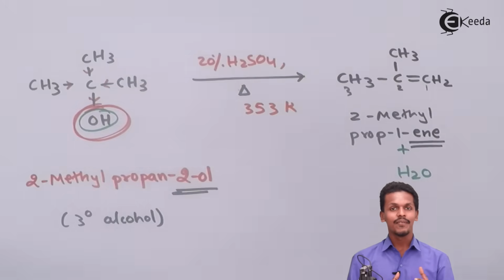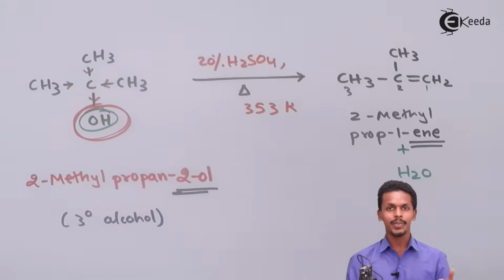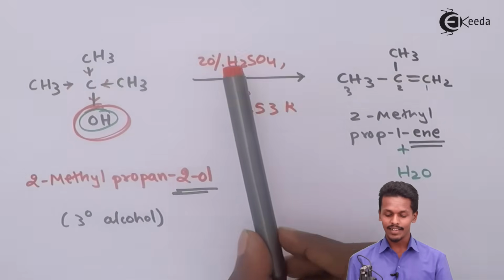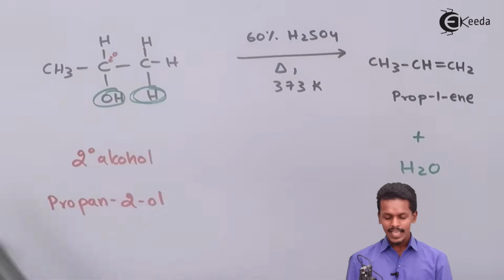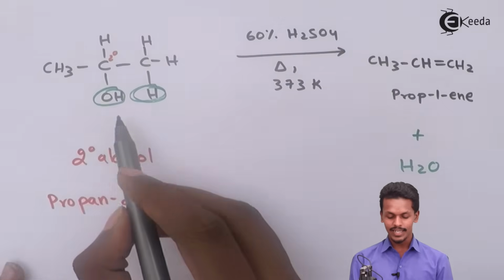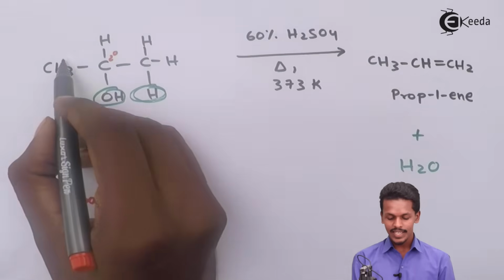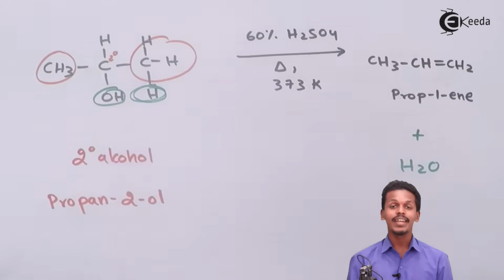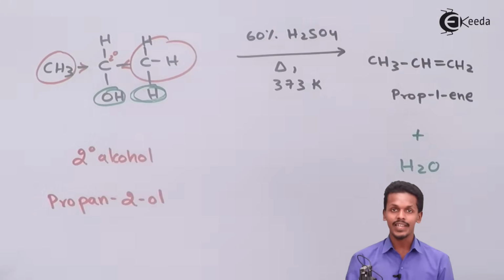So this is the process where the dehydration will take place very easily, and that's the reason high temperature is not required. Even at low temperature, that is at 353 K, compared to the primary one, it can be used, and with low concentration also the dehydration can happen. Talking about the secondary one, as you could see over here, this OH has been attached to the secondary carbon atom, making this CH3 and this CH3 have a plus inductive effect on this carbon atom, and that's the reason OH will be eliminated easily.